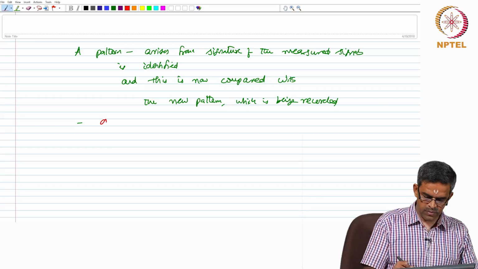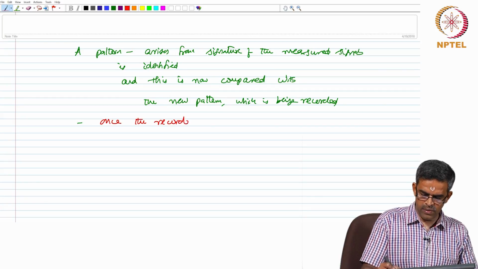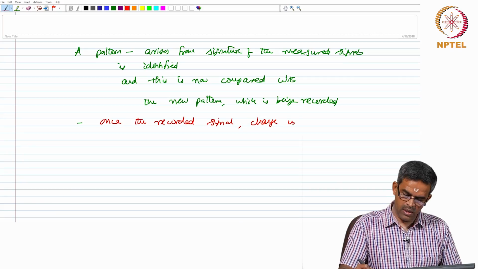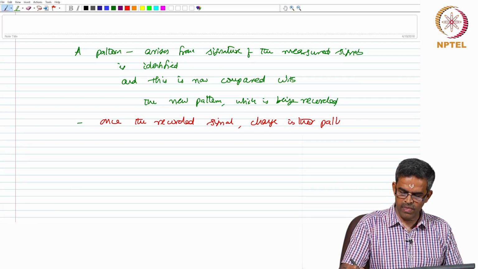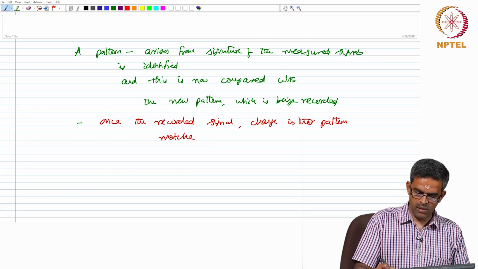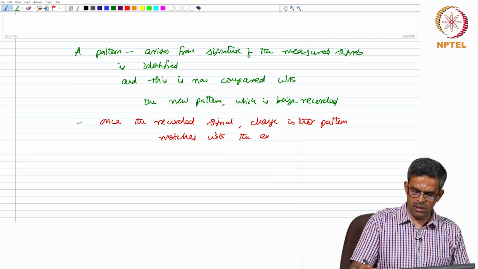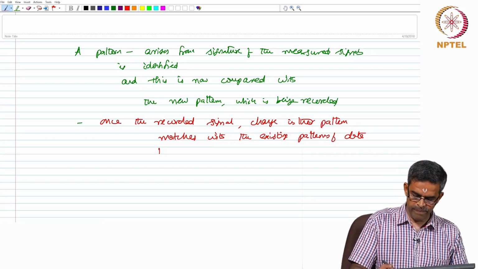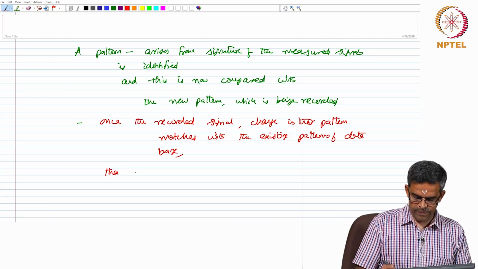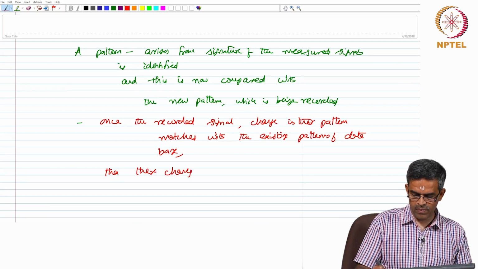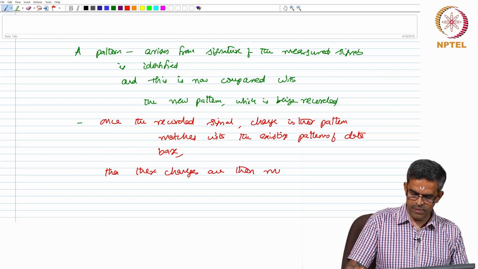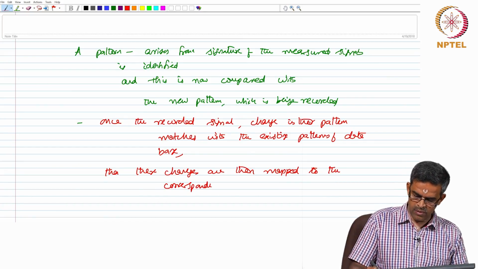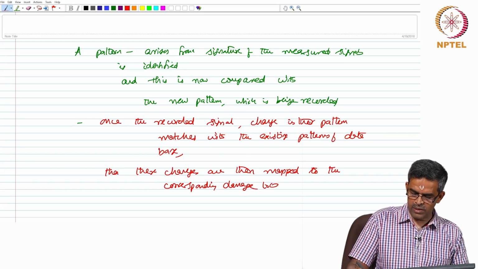Once the change in the recorded signal pattern matches with the existing patterns of the database, then these changes are mapped to the corresponding damage locations.